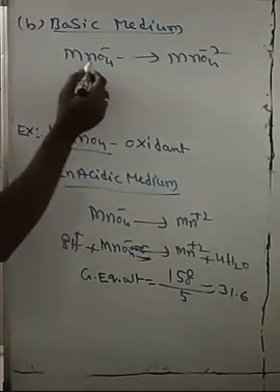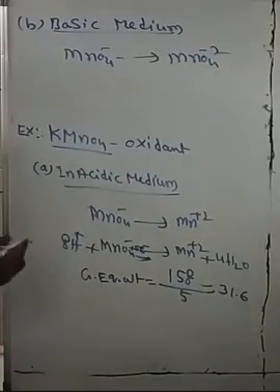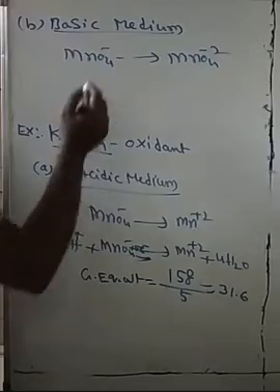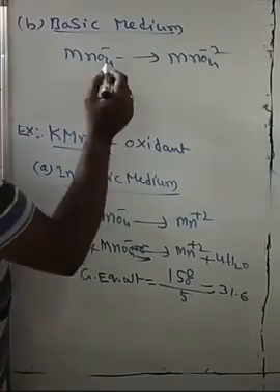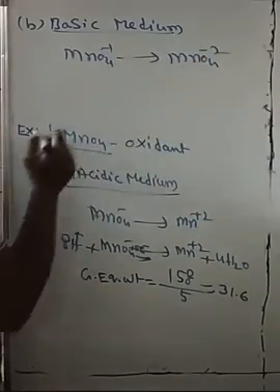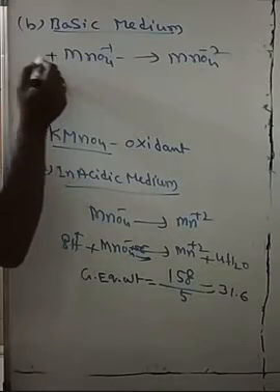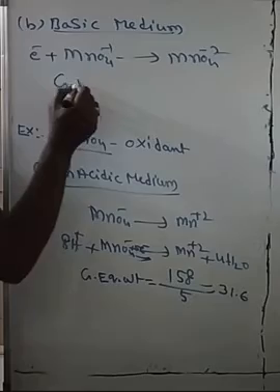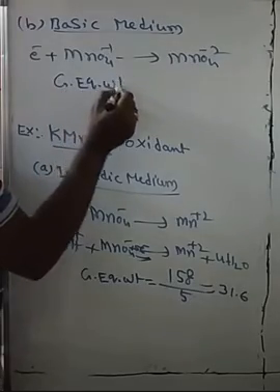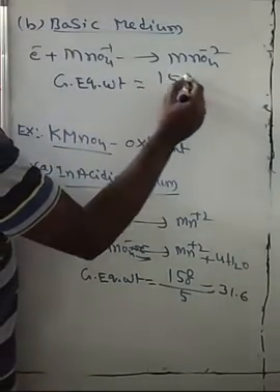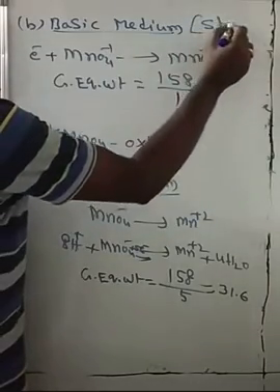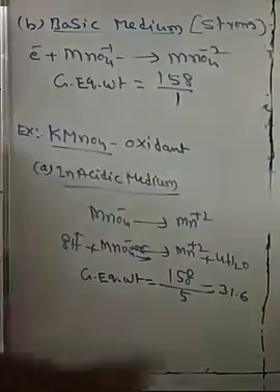That is, permanganate ion is converted to manganate ion. MnO4 minus 2 is called manganate ion. In this reaction only 1 electron is involved. That's why your gram equivalent weight is taken as formula weight 158 by 1. This is especially in strong basic medium.